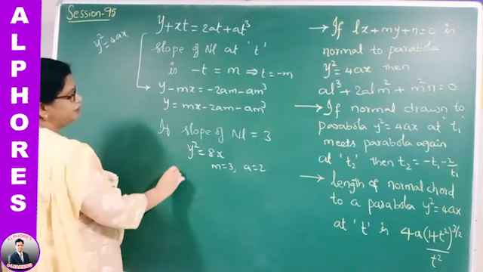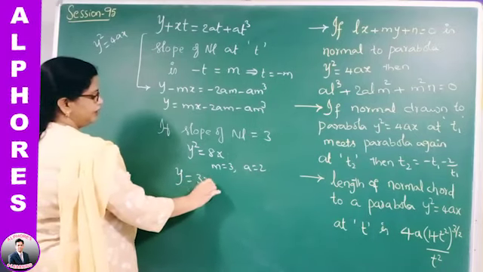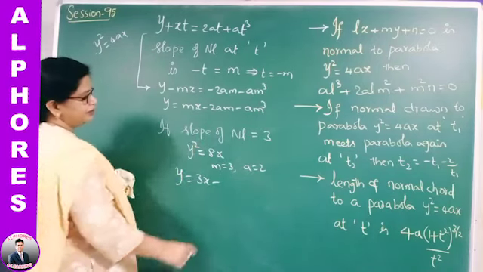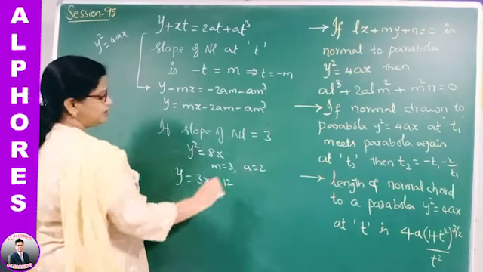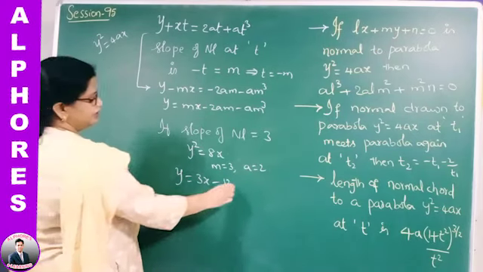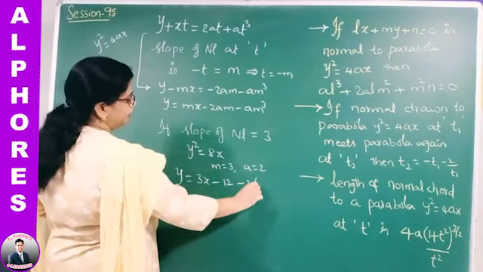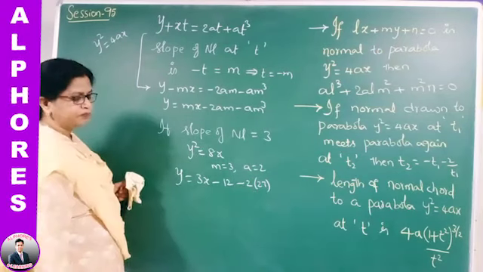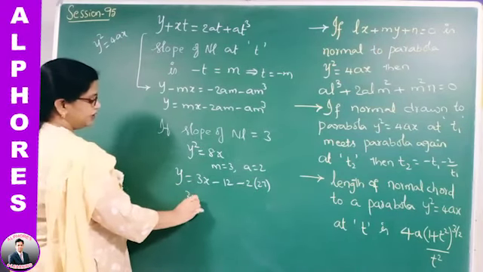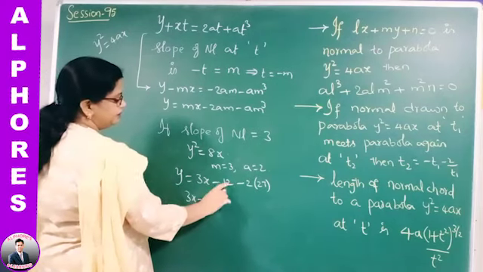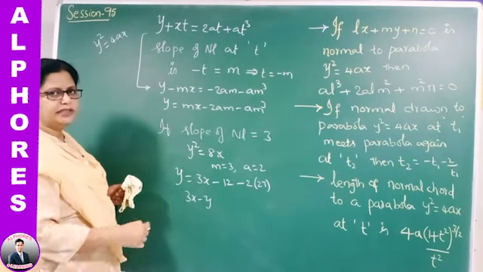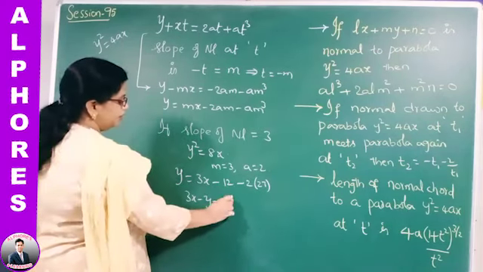Then the formula y equal to mx minus 2am minus am cube, that means 12 and 27. So if I write this, it is 3x minus y minus 54 minus 12, that is minus 66 equal to 0.